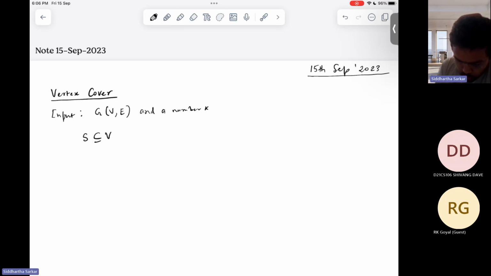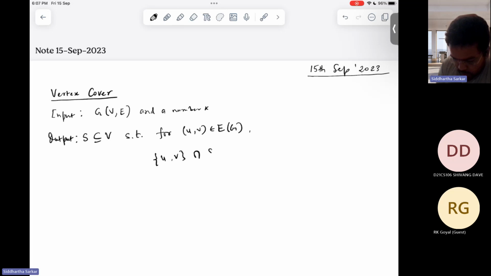So our goal is to output a subset S of the vertices such that for every edge in the graph, at least one of the endpoints is in S. So at least one of u and v is in S. So this is our goal.